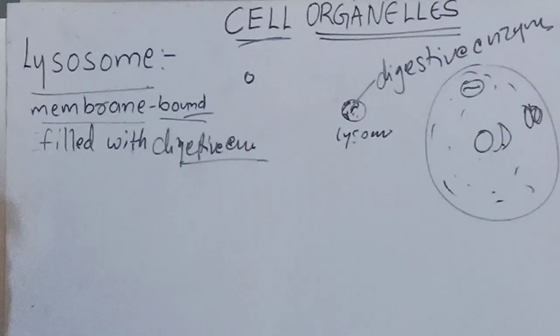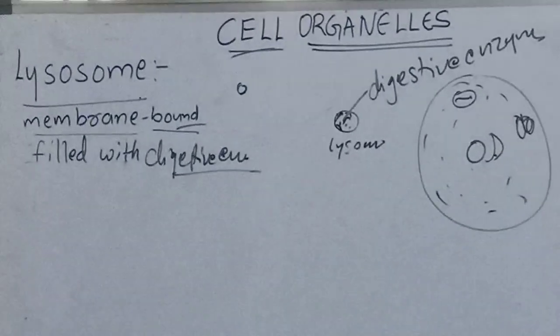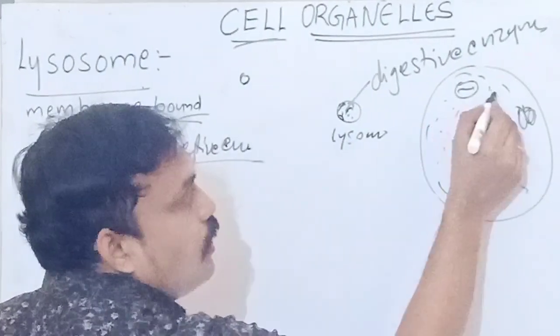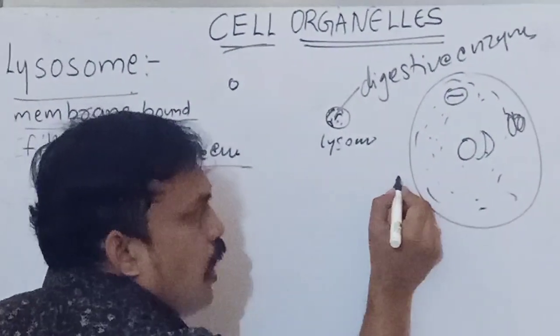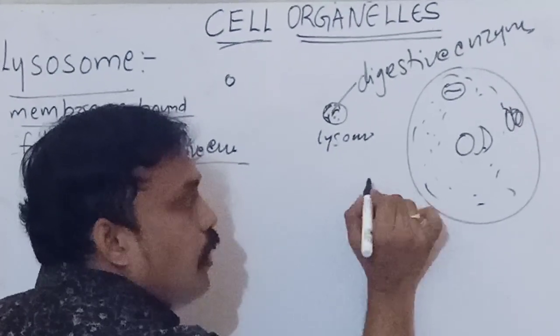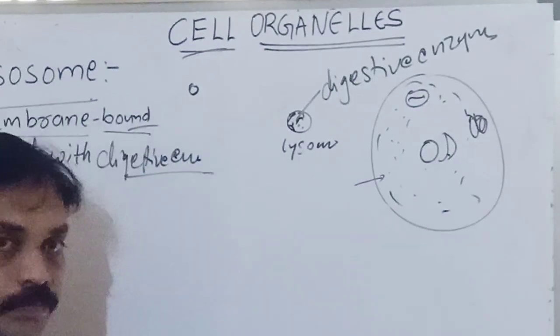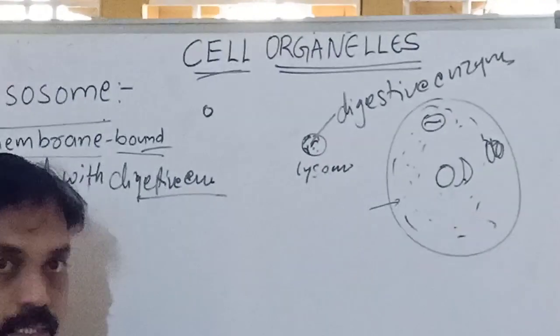What is the main use of lysosomes? The lysosomes are scattered in the cytoplasm. If any foreign material or toxic material enters into the cell, what is the meaning of toxic material? Poisonous materials.